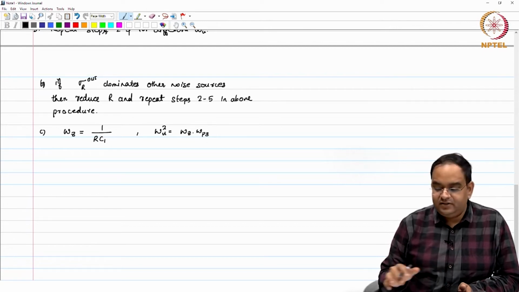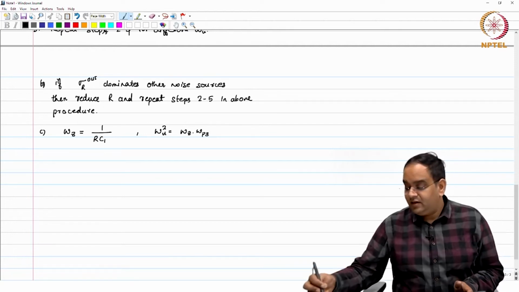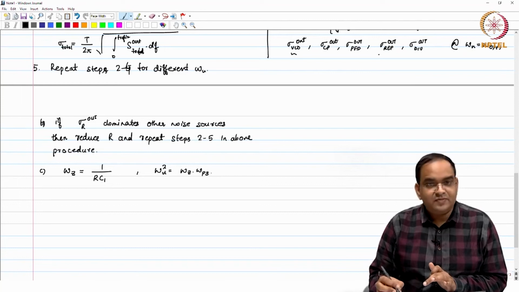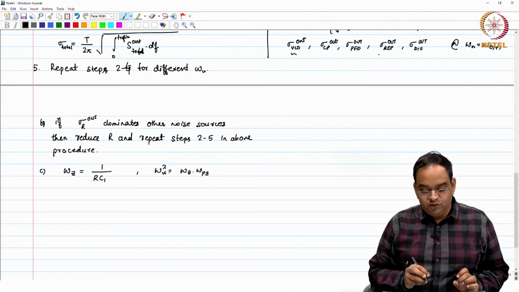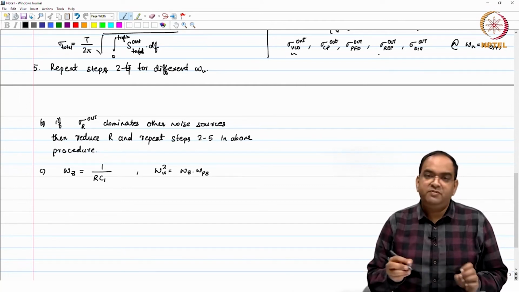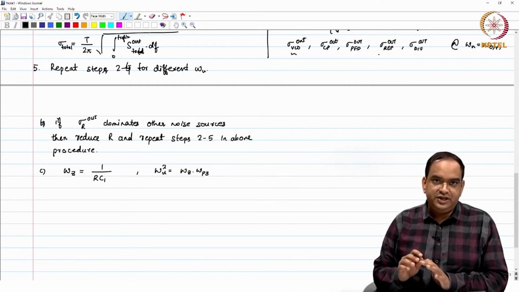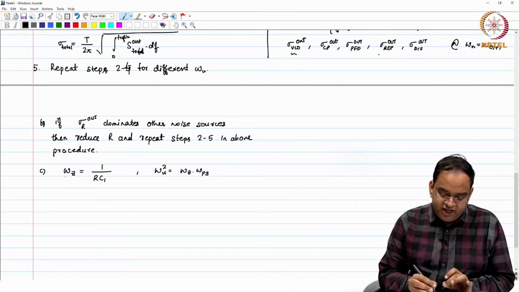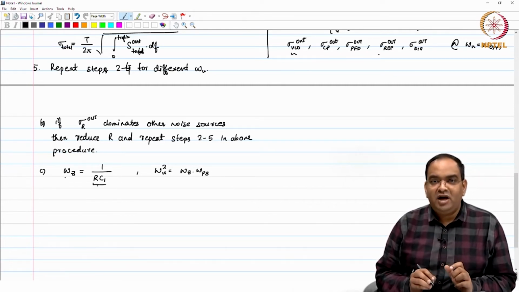For the desired phase margin, you have a fixed C1 by C2, and a relationship between omega u and omega z in terms of C1 by C2 that is independent of R. As soon as we get omega z and need to find the exact value of C1, the value of R matters.